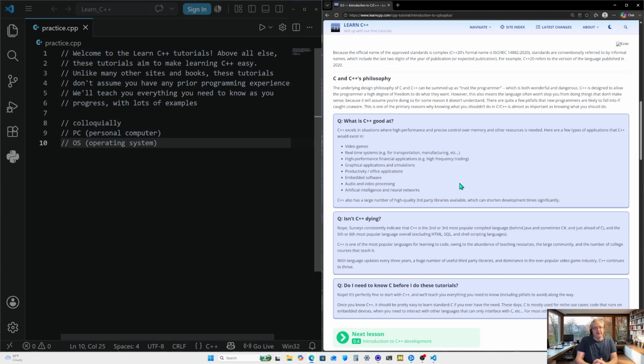Anyways, so second or third most popular compiled language and the fifth or sixth most popular language overall, excluding HTML, SQL, and shell script languages. Yeah, I'm sure there's a lot going on behind the scenes of HTML and SQL.